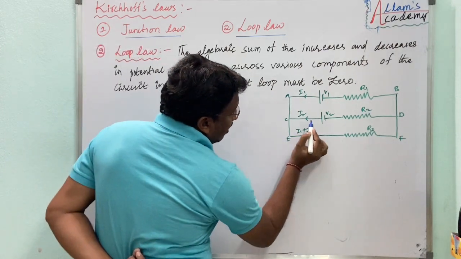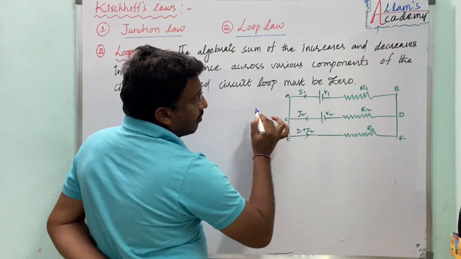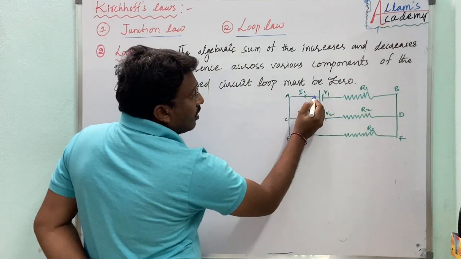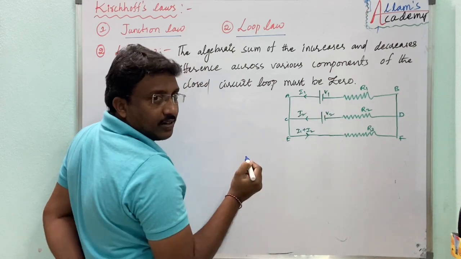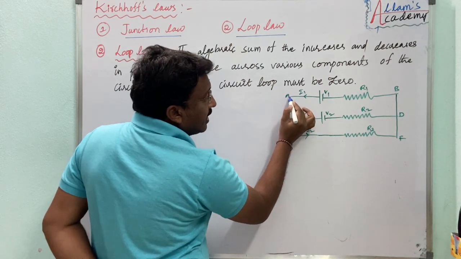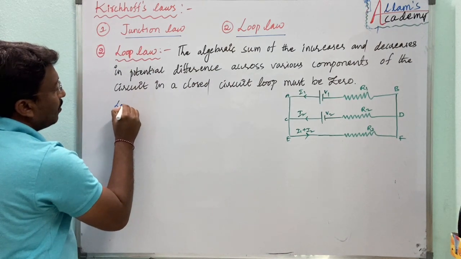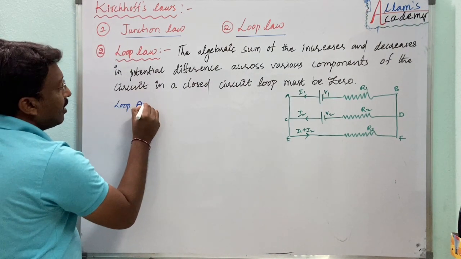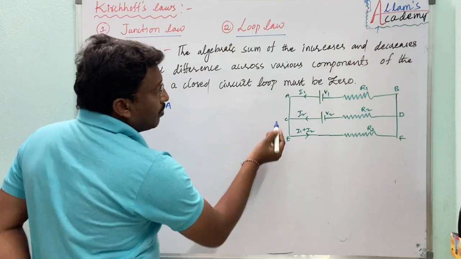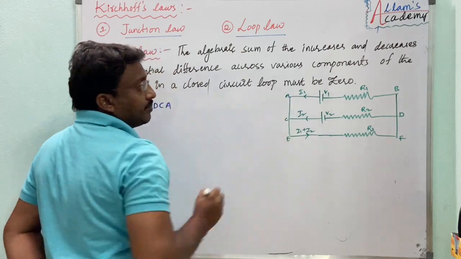While traveling, if we are measuring the loop in the clockwise direction, or for example, here I have taken the loop in this way: A, B, D, C, A. This is one closed loop. Here we have started A, B, D, C, A.